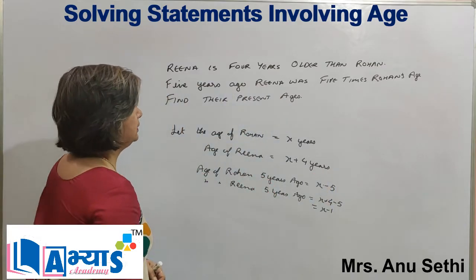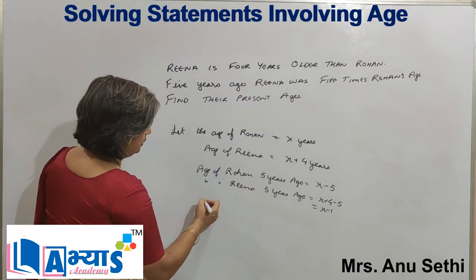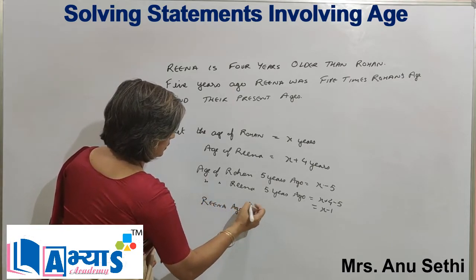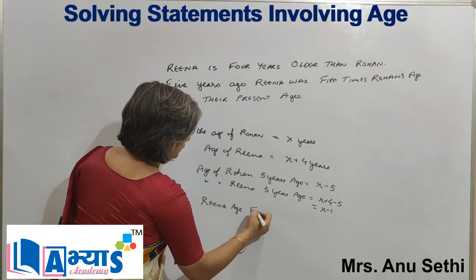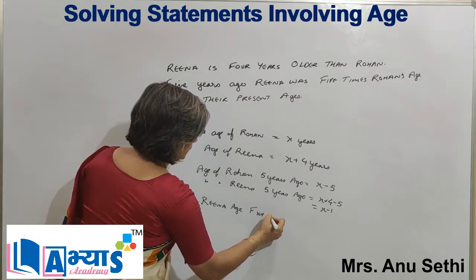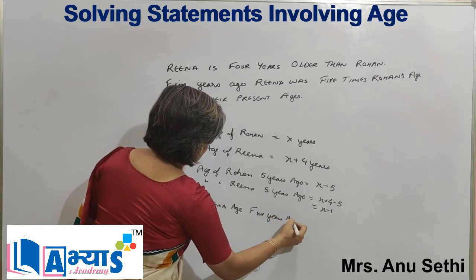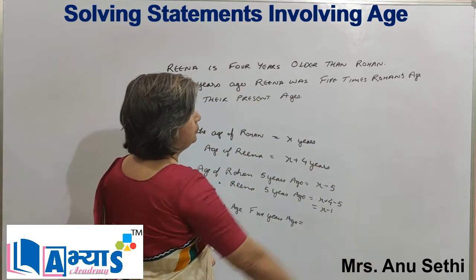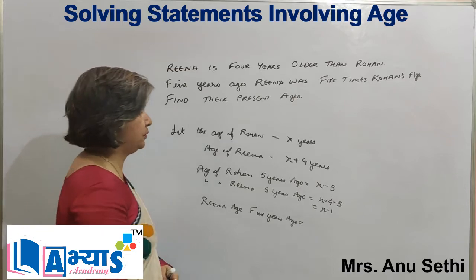Now the relation is Reena's age 5 years ago is equal to 5 times Rohan's age 5 years ago.